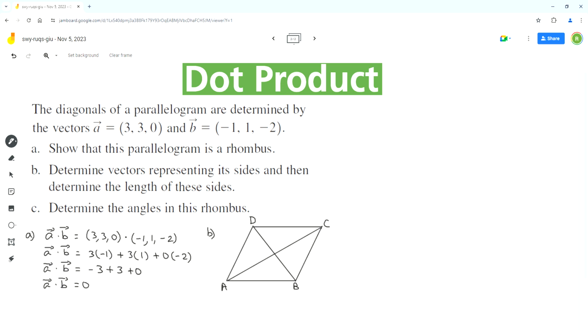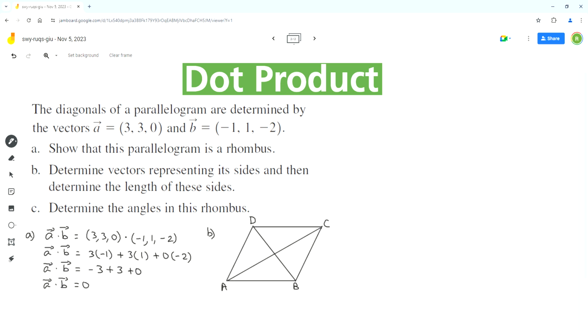We are given vectors A and B as the diagonals of the parallelogram. We can see that the magnitude of vector A is greater than the magnitude of vector B. If we do the calculation for the magnitude of vector A, we get 3 squared plus 3 squared plus 0 squared, and that will be square root of 18. And for B, we have negative 1 squared plus 1 squared plus negative 2 squared, and that will be square root of 6.